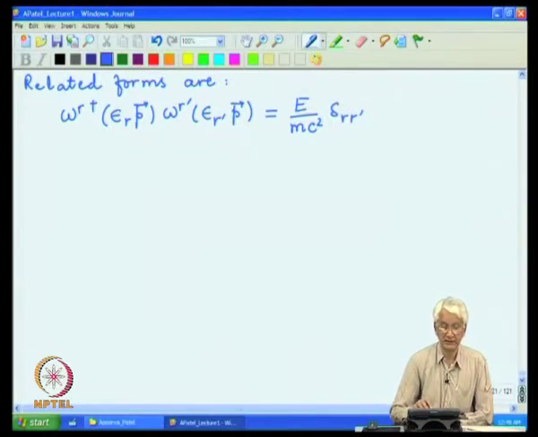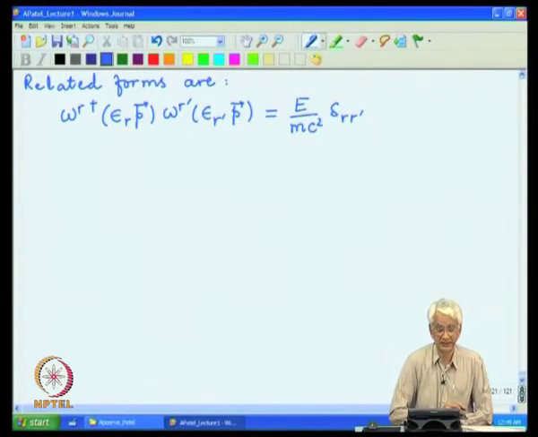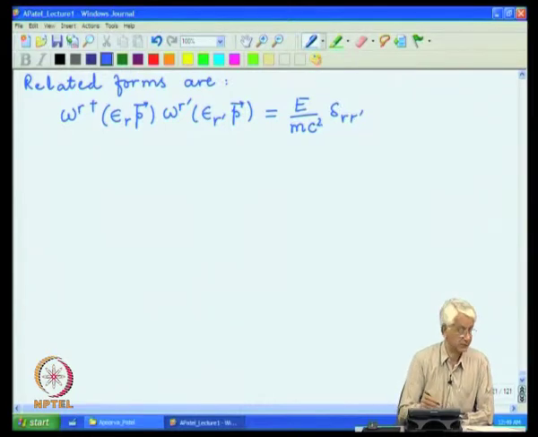It is still delta of r and r prime, but a Lorentz contraction factor explicitly appears. Delta r and r prime just follows from the result in the rest frame, and this Lorentz contraction factor comes from the boost operators S.